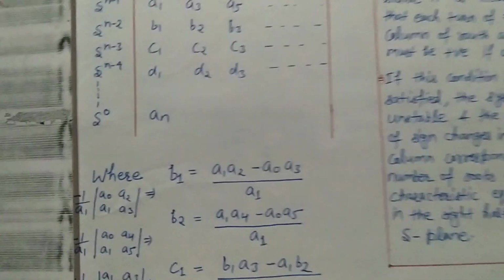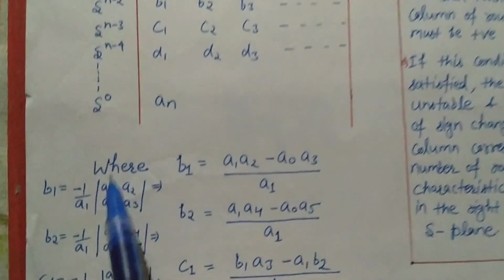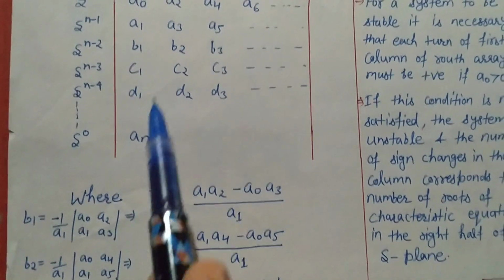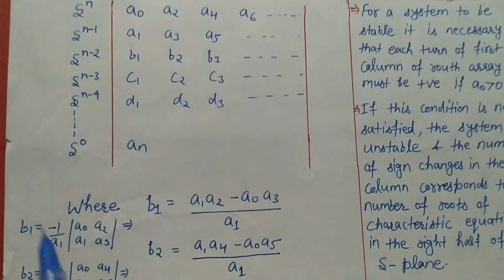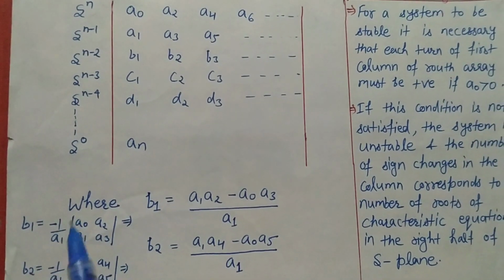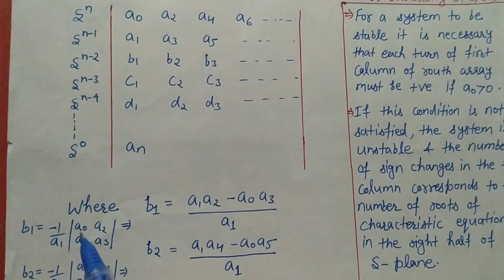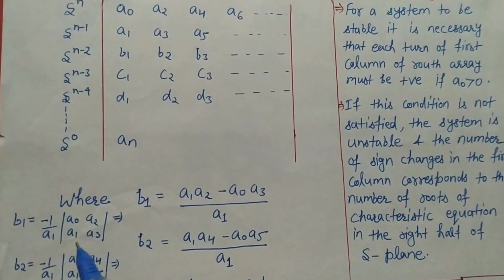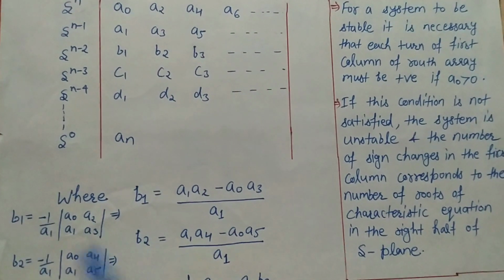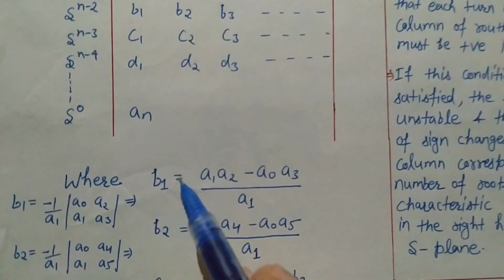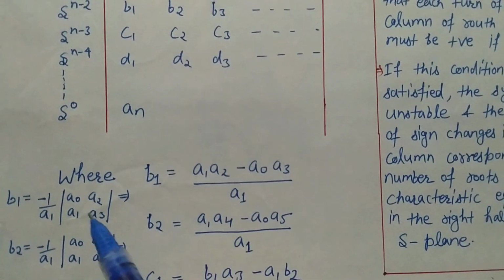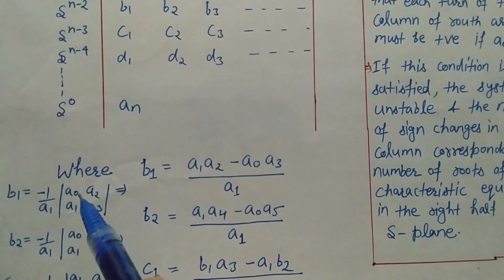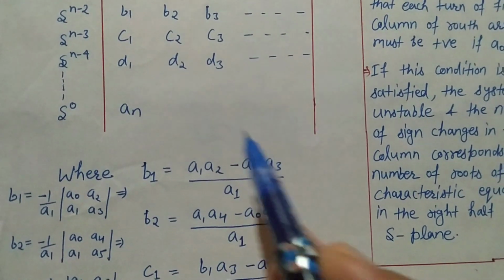So let's start. We have to find out b1. b1 is equal to minus 1 upon a1 and determinant of a0, a1, a2, a3. We can write it as b1 is equal to (a1 a2 minus a0 a3) upon a1.